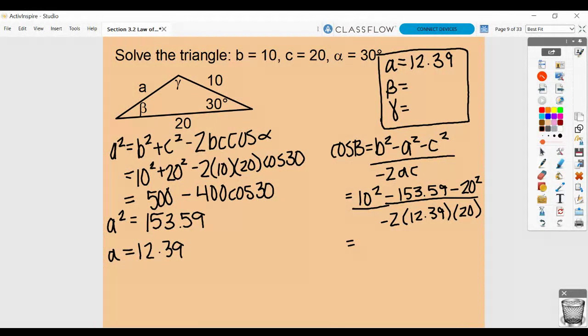Okay, so the numerator, 10 squared minus 153.59 minus 20 squared is -453.59. Okay, and you divide that by -2 times 12.39 times 20.